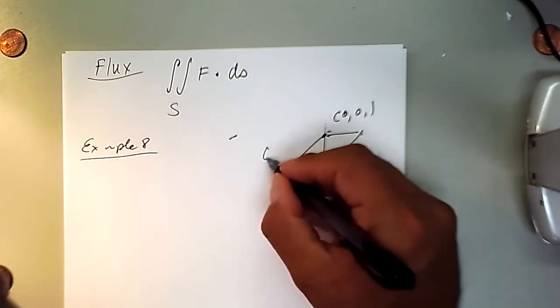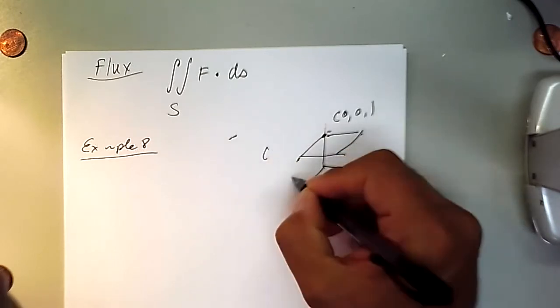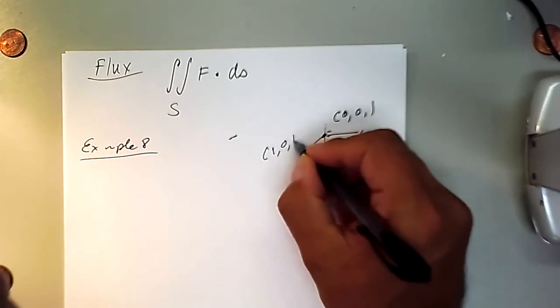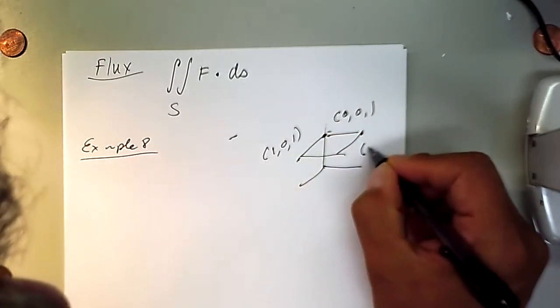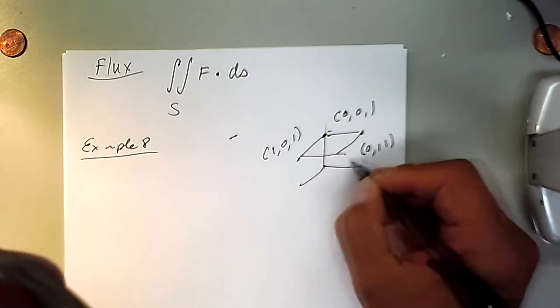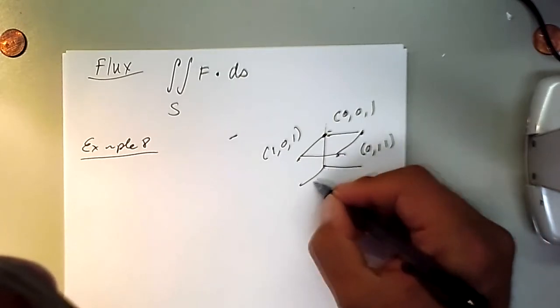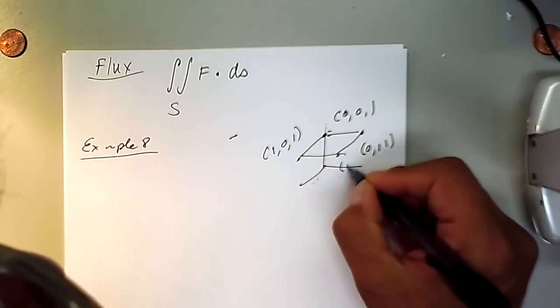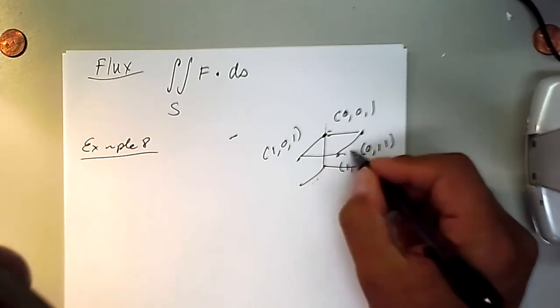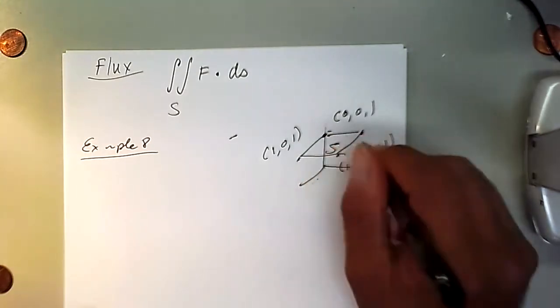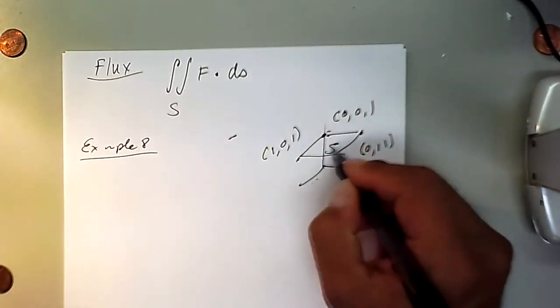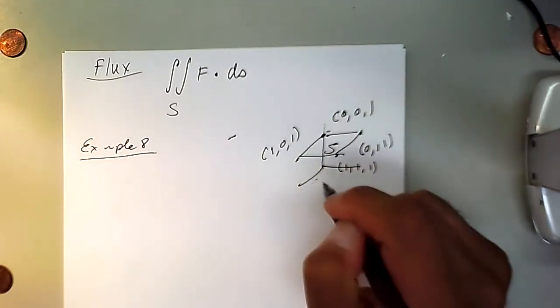This coordinate is going to be 1, 0, 1. This coordinate is 0, 1, 1. This coordinate is 1, 1, 1. So that is the surface. That's S, no more, not 6 sides of a cube, nothing like that. It's just one surface.